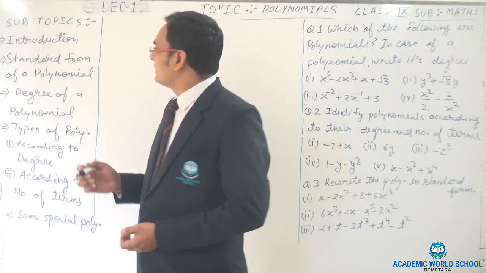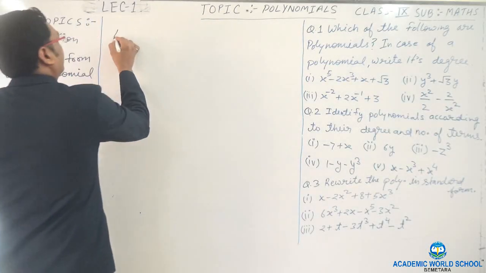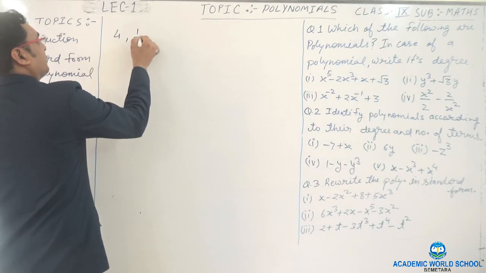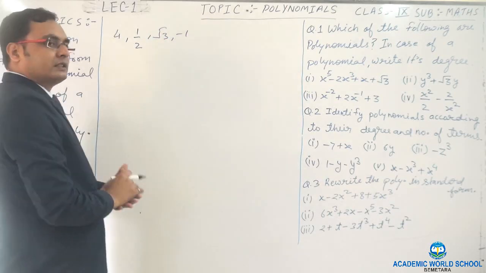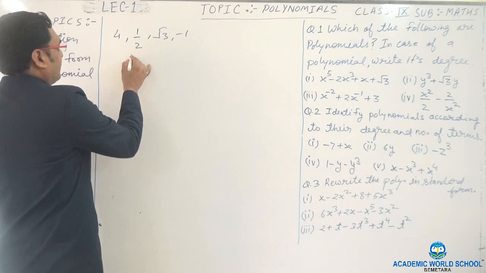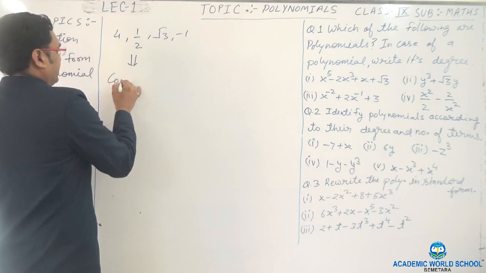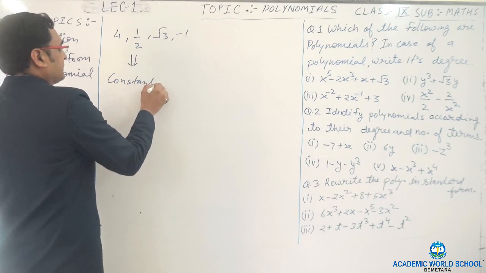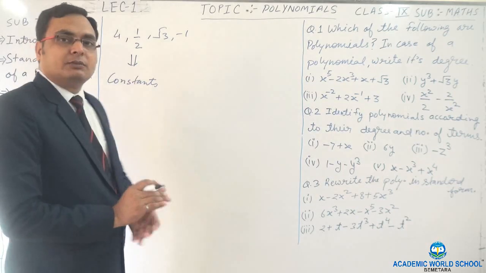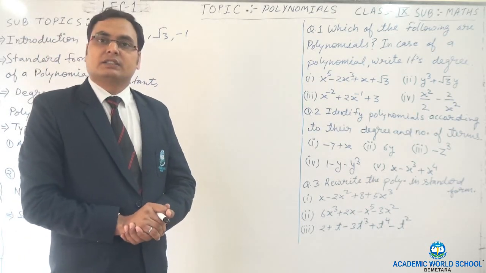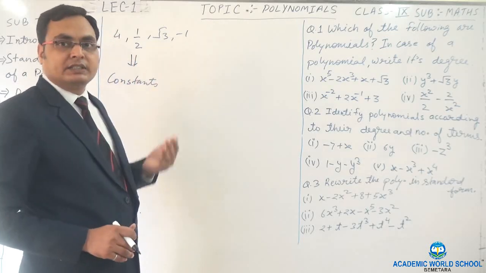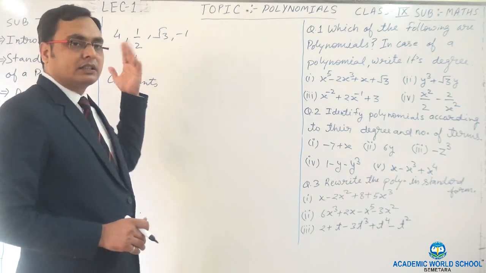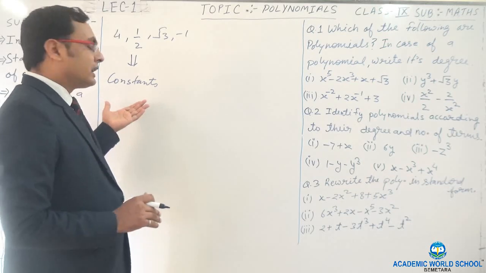Any real number, suppose 4, 1 upon 2, root 3, minus 1, these are all known as constants because their value always remains the same. It never changes. 4 will always remain 4, root 3 will never change its value, same for minus 1 and 1 upon 2. So these are all our constants.